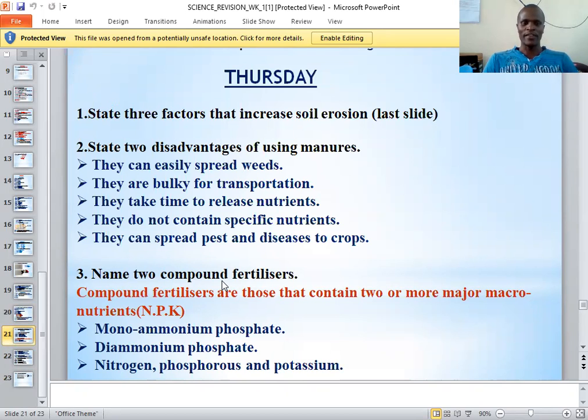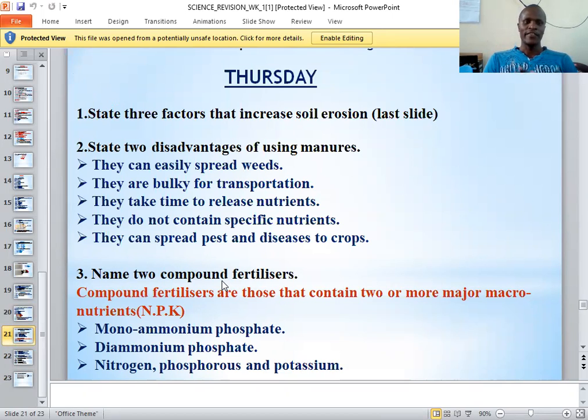For example, you buy the CAN, calcium ammonium nitrate. That is a nitrogenous fertilizer. So if you want a fertilizer that contains specific nutrients that you need, you cannot use organic manure. So that's a disadvantage of manure, that they don't contain specific nutrients. We just apply them into the farm and we don't know which nutrients are they going to release.